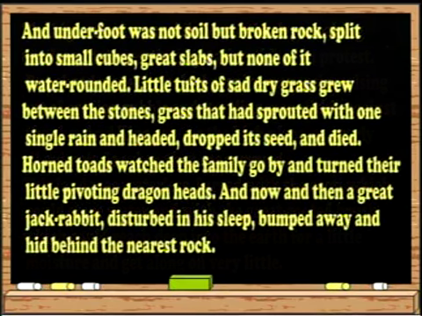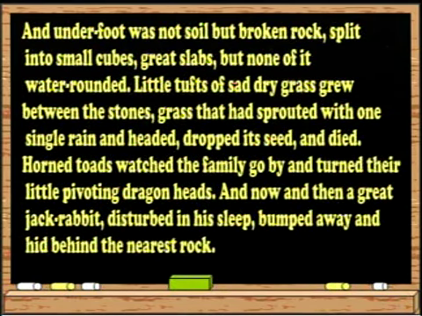And underfoot was not soil but broken rock, split into small cubes, great slabs, but none of it water-rounded. Little tufts of sand-dry grass grew between the stone, grass that had sprouted with one single rain and headed, drooped its seeds, and died.